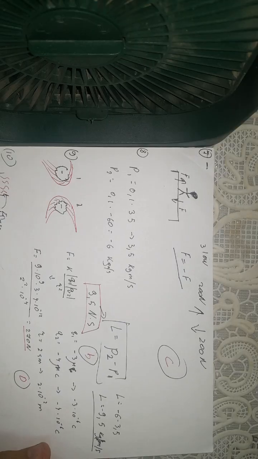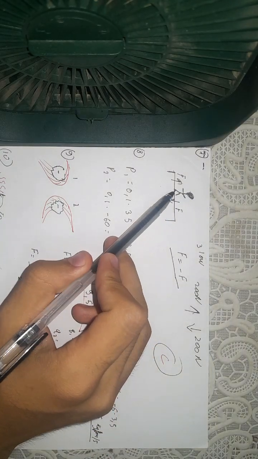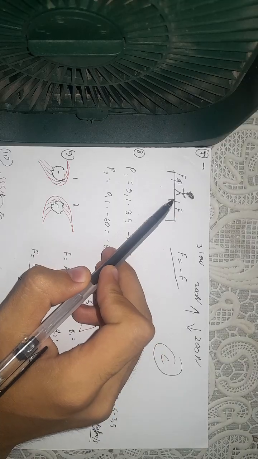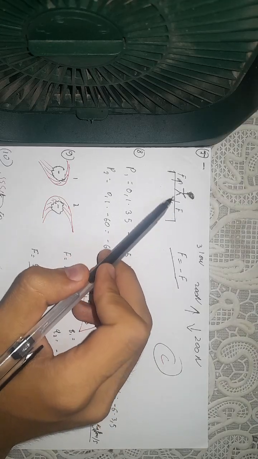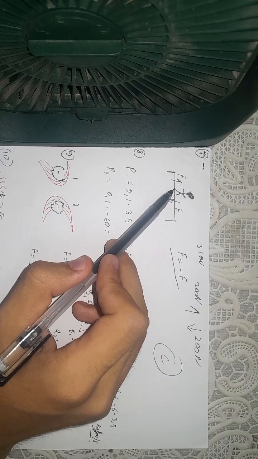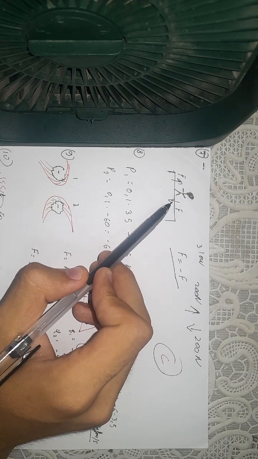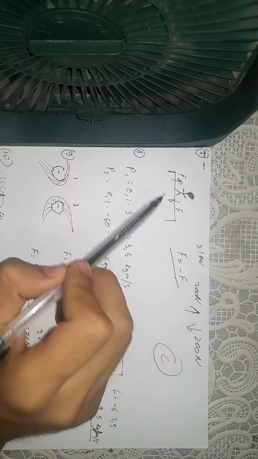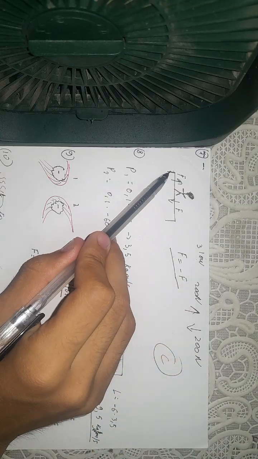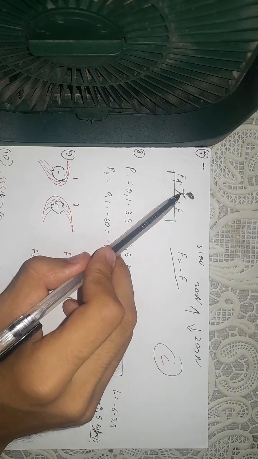The seventh question is about Newton's third law. We have a man or a boy standing on a table and acting with some force on this table. According to Newton's third law, the magnitude of the force the man acts on the table should be equal to the magnitude of the force the table acts on the man.